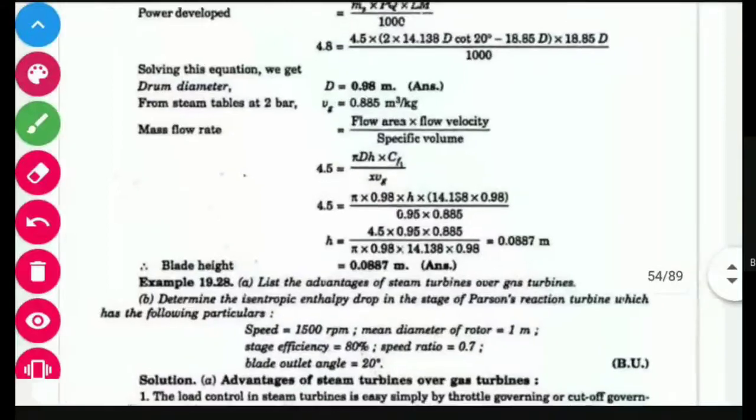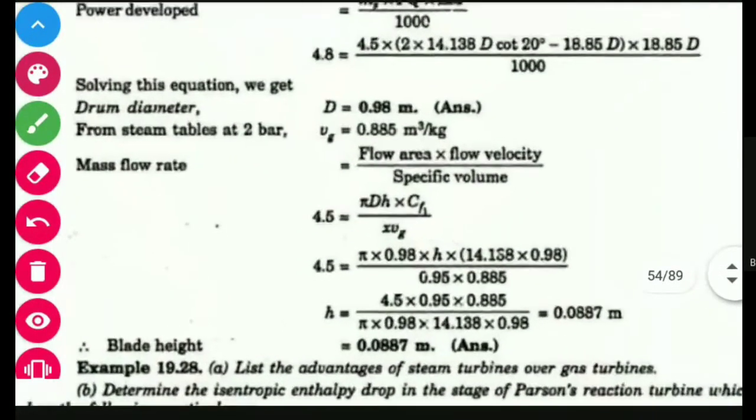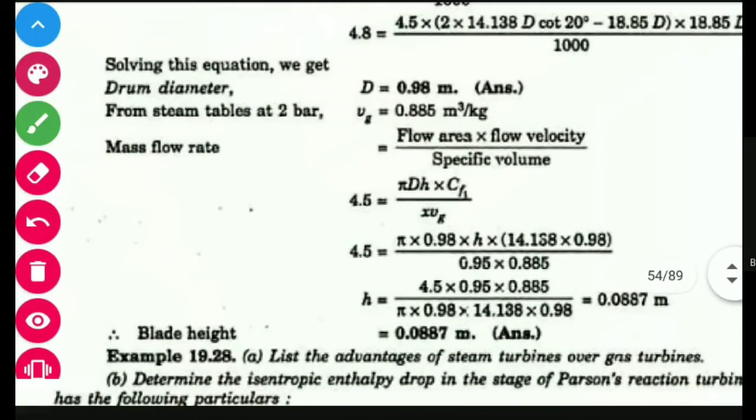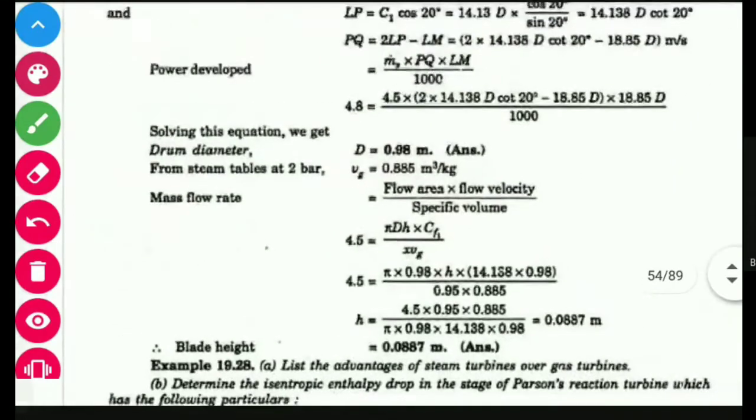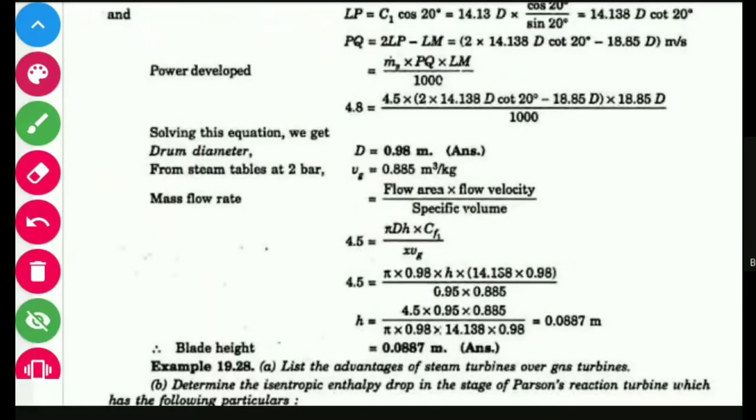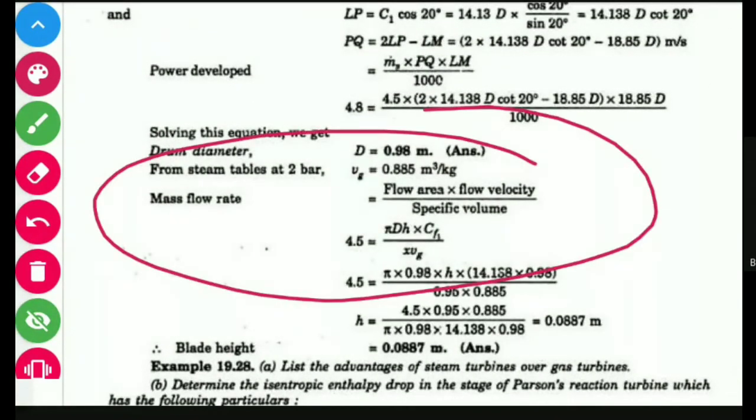Check this formula we already discussed in the class: mass flow rate equals flow area into flow velocity divided by specific volume. As you know, flow area is pi D h and flow velocity is Vf1.